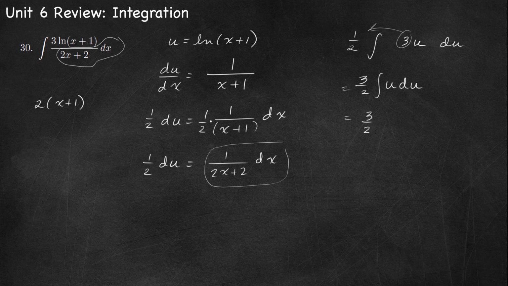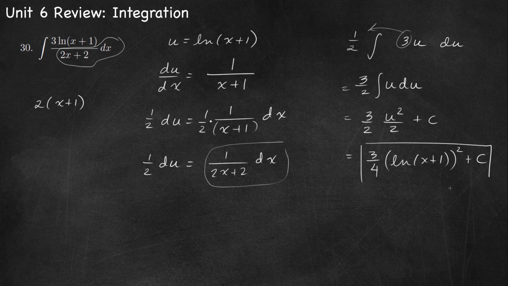We get 3 over 2 u squared over 2 plus c, which is 3 over 4 u squared, and u is ln of x plus 1. We have to square that, plus c, and that is the same answer we got the other way. So it works whether you let u equal x plus 1 or u equal ln x plus 1. I think this way is a little bit easier because you don't have to do a double u substitution.